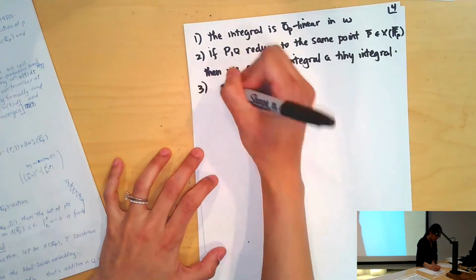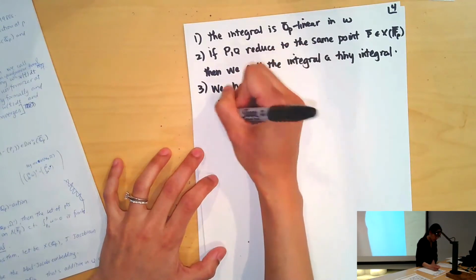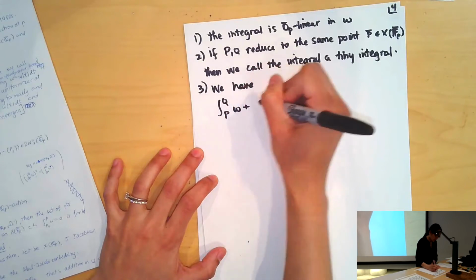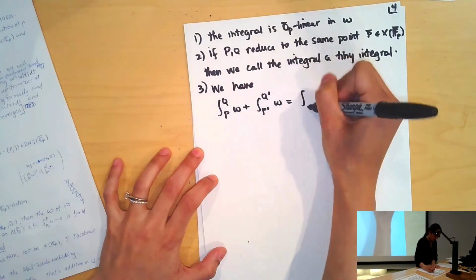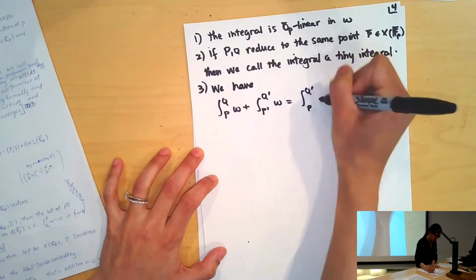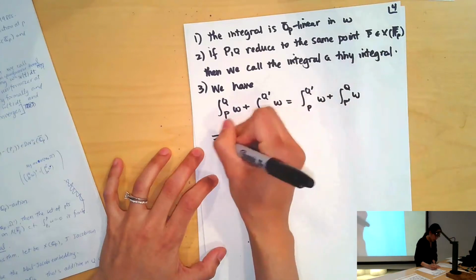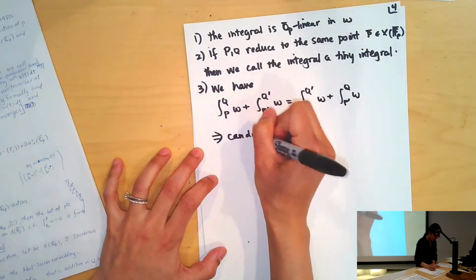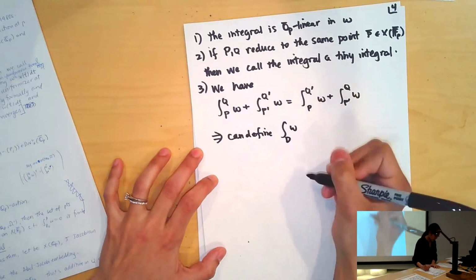All right, so we also have the following property. So if I have an integral from P to Q, and then an integral from P prime to Q prime, then I can kind of mix up the endpoints. And what this tells me is that we can define an integral of omega along a divisor of degree 0.